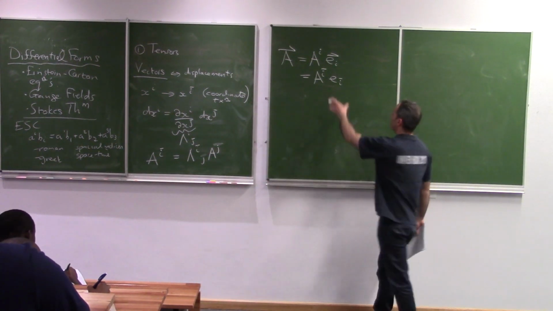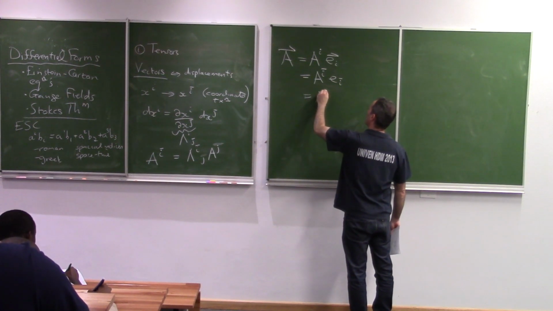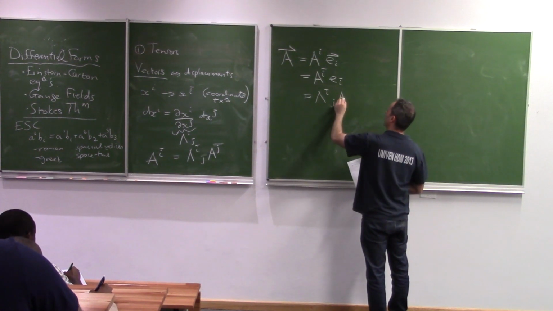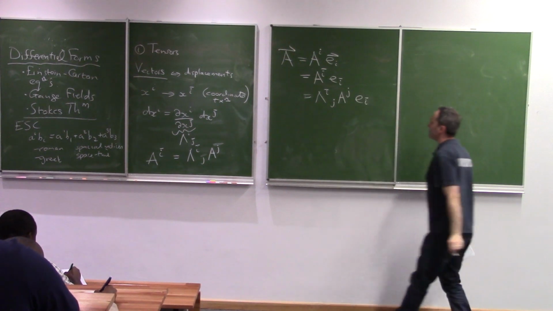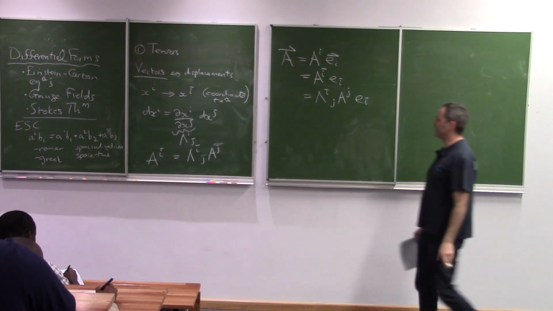Good. So I can write this as lambda i bar j a_j e_i bar. Good. And I'd like to compare these things, so I'm going to do something that people often do.